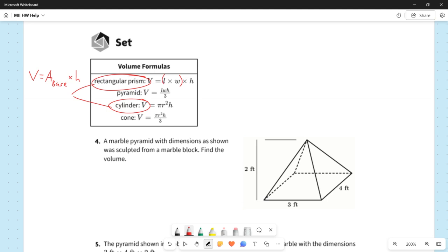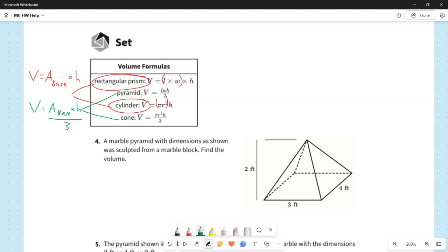And with a cylinder, your base is a circle, so that's pi r squared times h. And then for the pyramid and the cone, our volume is again the area of the base times the height, except now it's divided by 3 with both a pyramid and a cone.